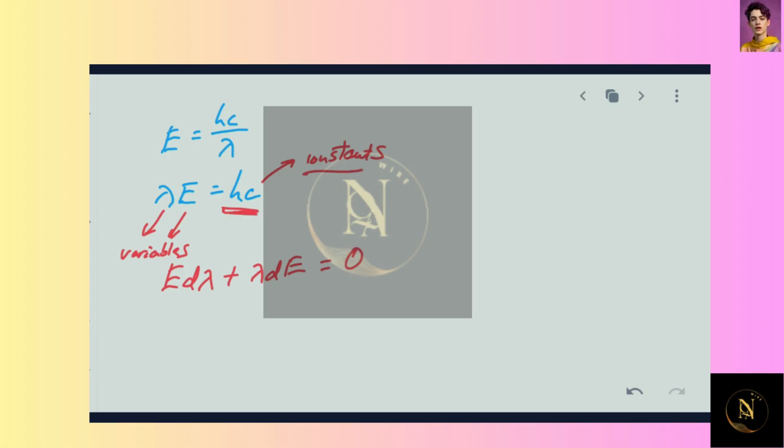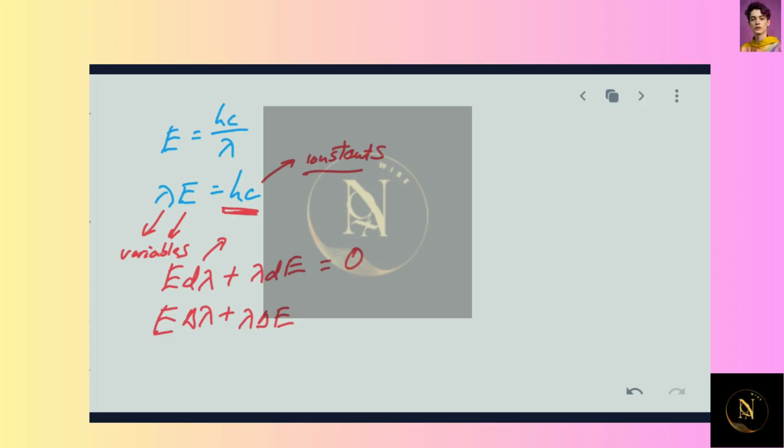Therefore this will be 0, since it doesn't change. Well, we can replace this small amount d lambda as the uncertainty, so this will be delta lambda E.